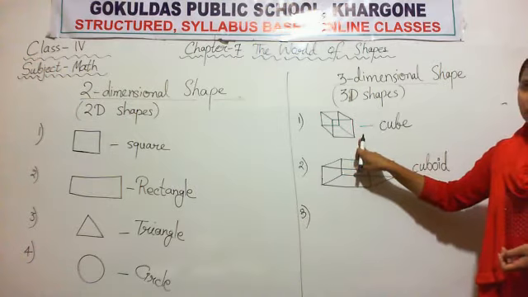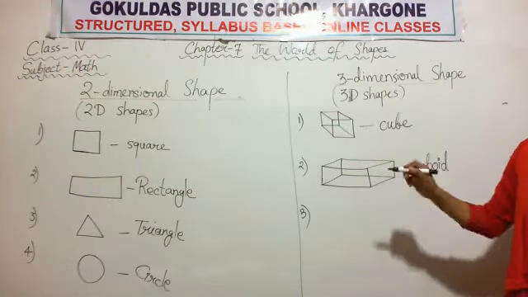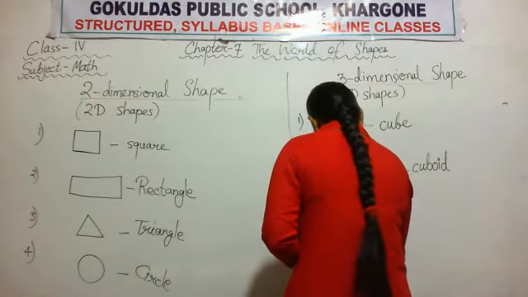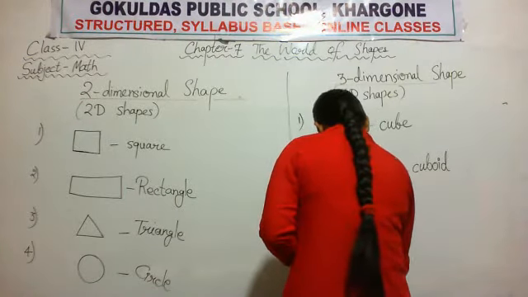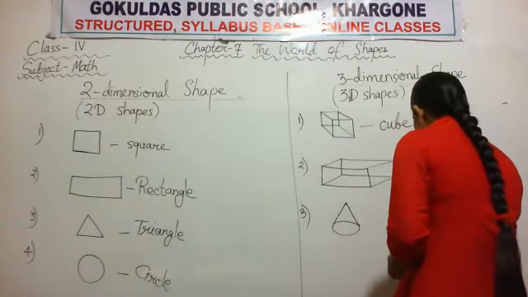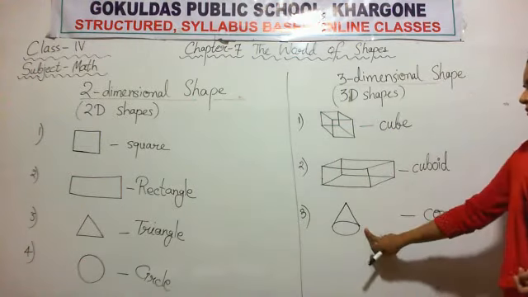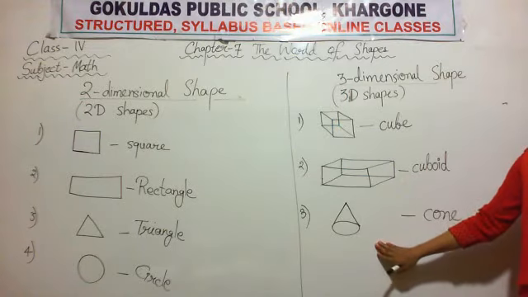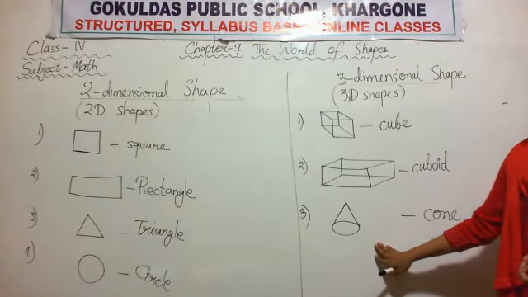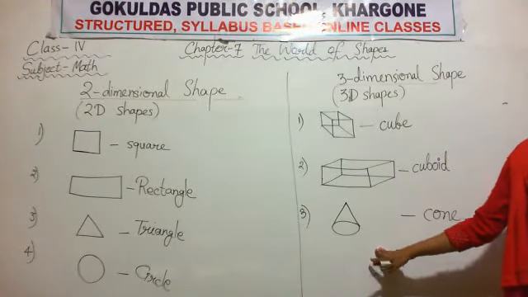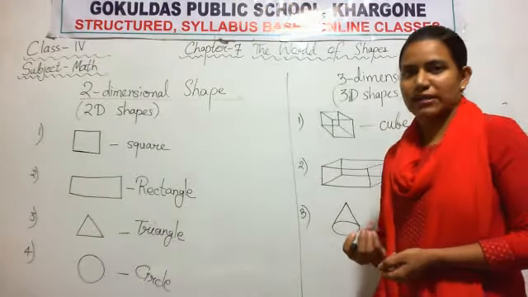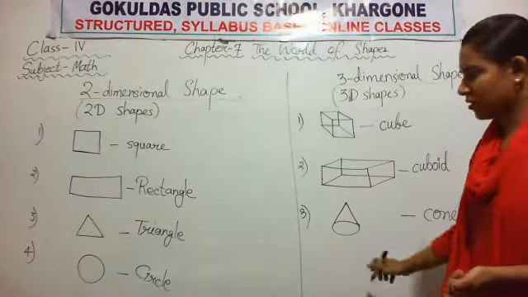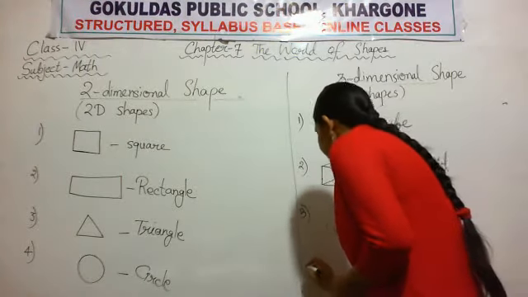Cube, cuboid, cone. Birthday cake is an example of cone, or ice cream cone is also an example of cone. The shape of cone is like birthday cake.